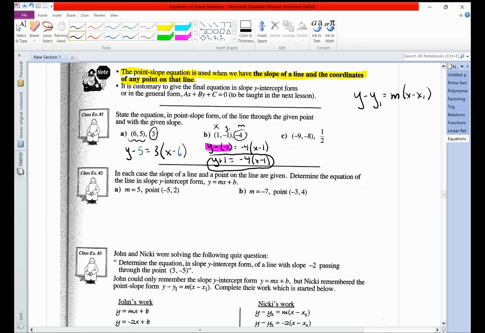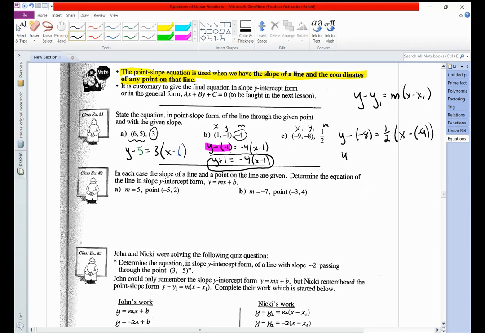And the last one, we can say y minus, so this is our y1, x1, and m. So y minus negative 8 is equal to 1/2, that's our m, our slope, times x minus negative 9. And then again, we just have to switch the signs.